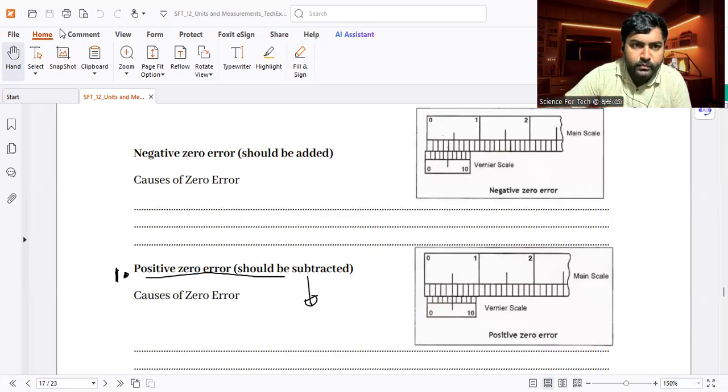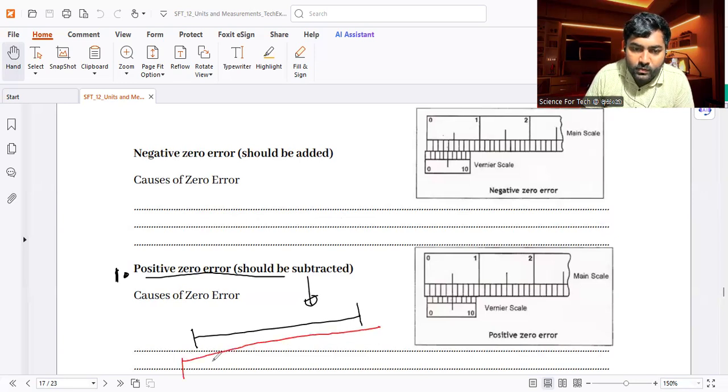Okay, sir. As an example, think like this. You want to measure this line, but you are starting with 0.5 millimeter, and here the end is 5.5 millimeter.